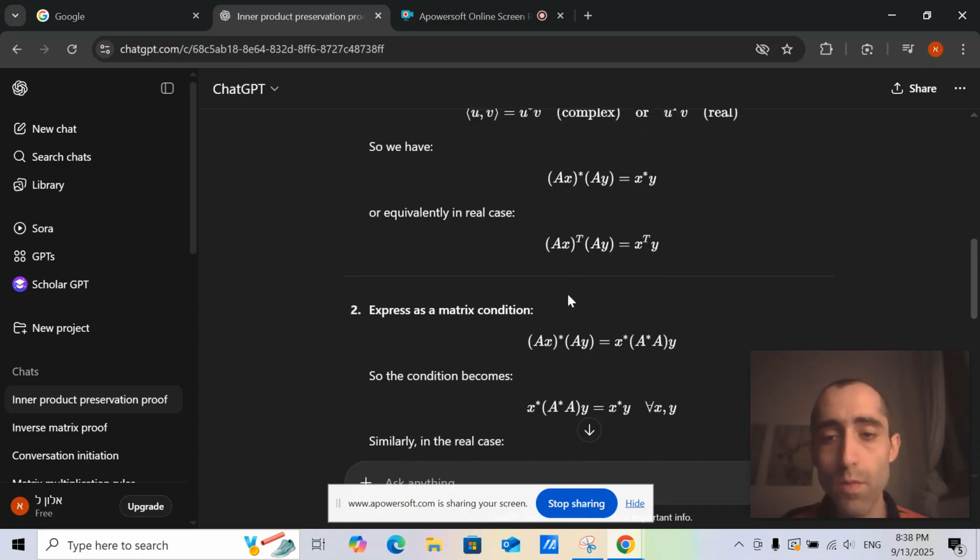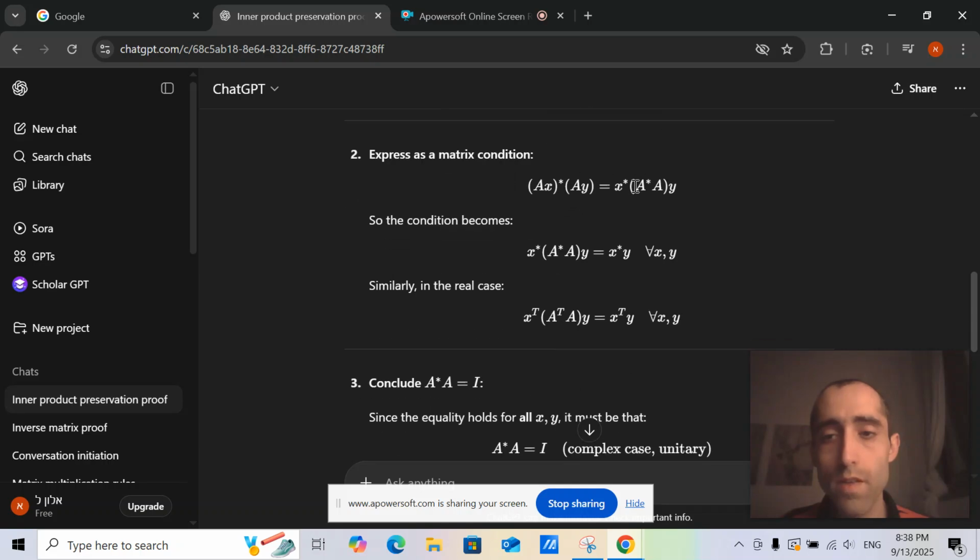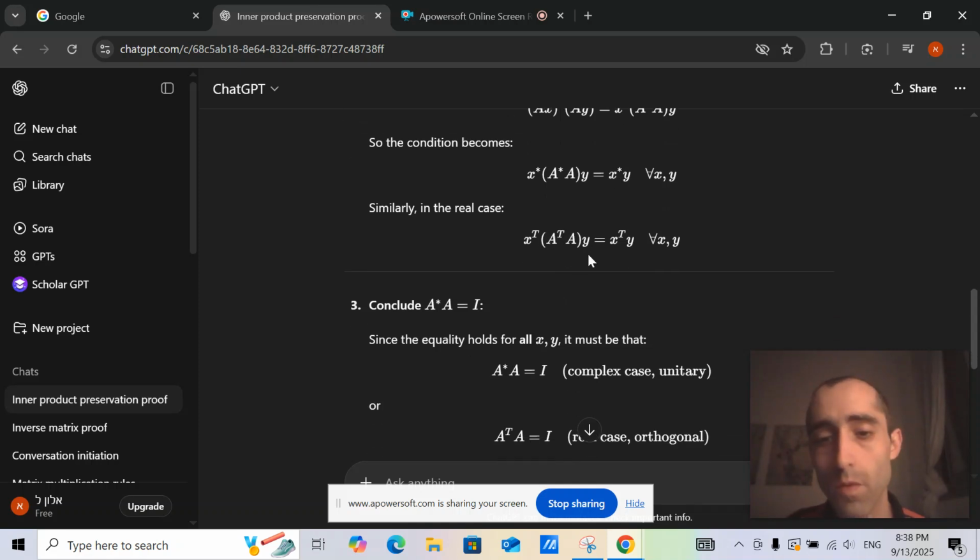Now this one you can write as this. Look, you take the A from here and the A from here, and you take the complex conjugate from here, so you just transform the position of x and A, and you get this one, and this equals what was in the right side, which is this one. Okay, for the real space, the same idea, just with the transpose.